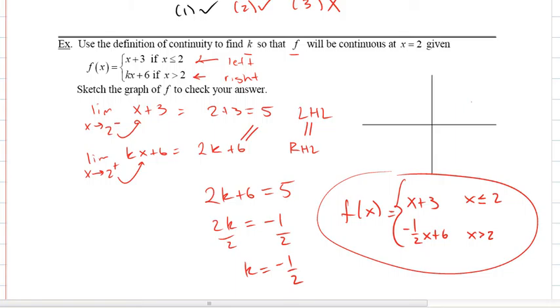In other words, from the left side you have 1, 2, 3, when x is less than 2, so something like this, crossing at 3. On the right side we have the y-intercept at 6, because 6 is b, and it'll do something like this. And it's continuous because the limit exists, the point exists, and they're both the same value.